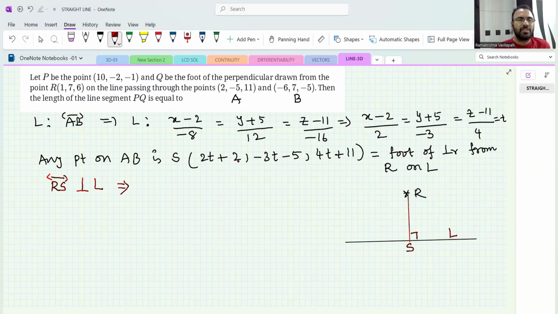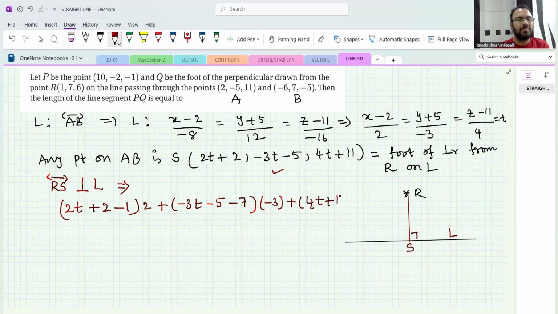So 2t plus 2 minus 1, into 2, the DRS of the line, plus minus 3t minus 5 minus 7, the y coordinate of R, into minus 3, plus 4t plus 11 minus 6 into 4 is equal to 0.